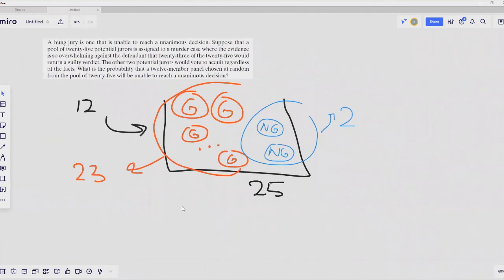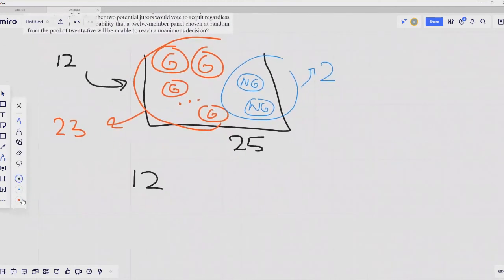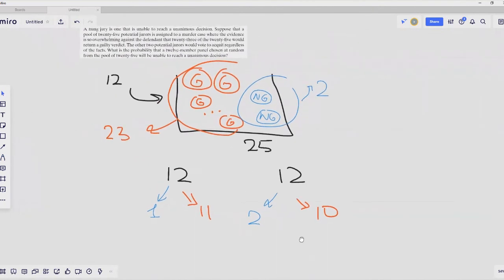So what is the probability that if we choose a pool of 12 jurors, out of those 12, either we'll have one person disagreeing, so one blue chip and 11 red ones, or two jury members would approve a not guilty verdict, while the other 10 will say that our defendant is guilty.